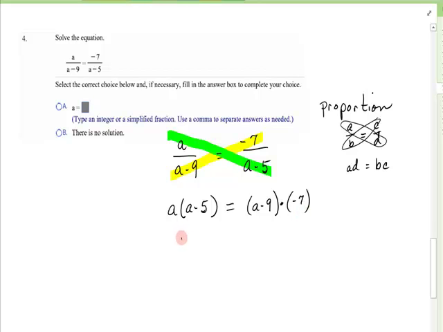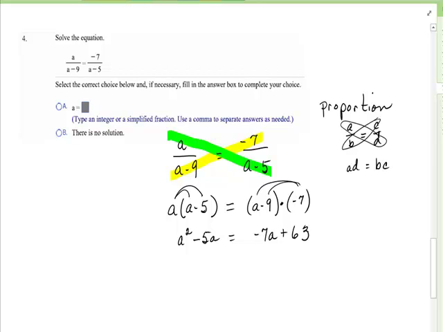On the left, I have a times a is a squared. A times negative 5 is negative 5a. On this side, because the way I wrote it, I'm going to have to distribute from the right. Negative 7 times a is negative 7a. Negative 7 times negative 9 is positive 63.